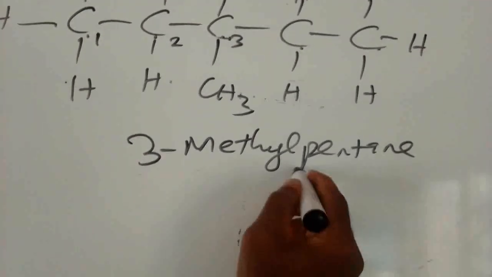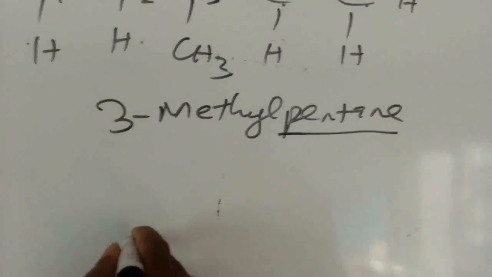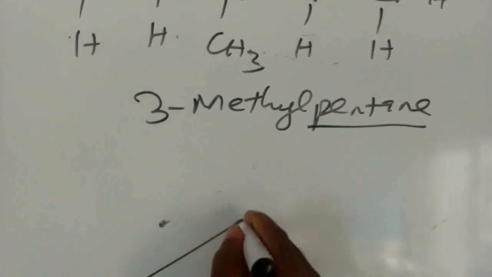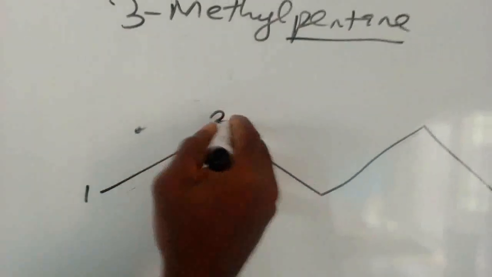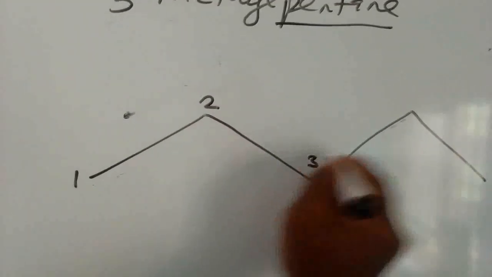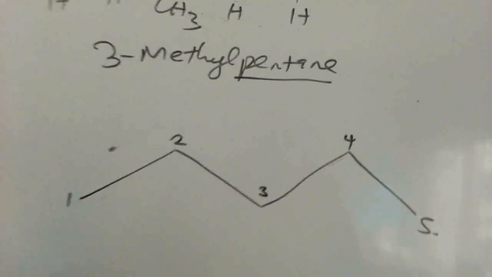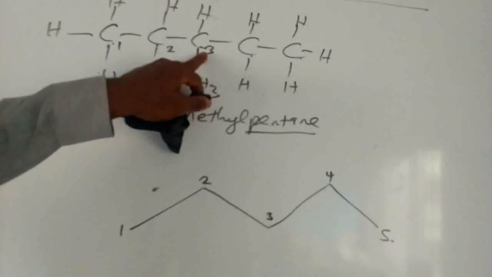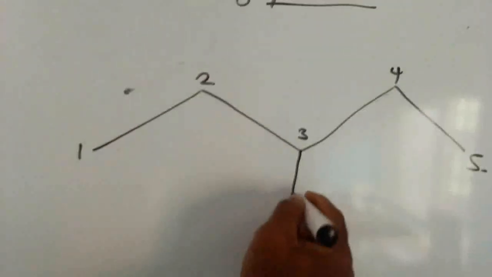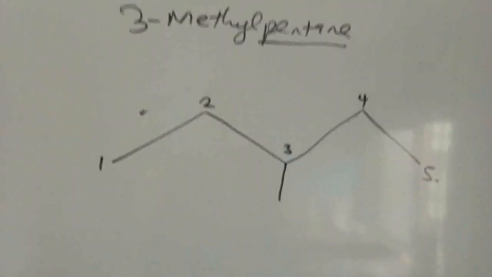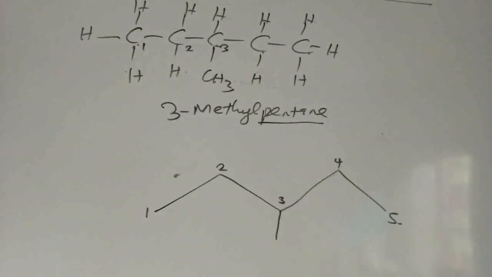The parent name is pentane, the longest chain. So I'm going to connect 5 carbon atoms with a line: number 1, number 2, number 3, number 4, number 5. This is pentane. Then the methyl group is on number 3. I'll now draw a line on this number 3. So this is 3-methyl pentane. That's the line formula of 3-methyl pentane.